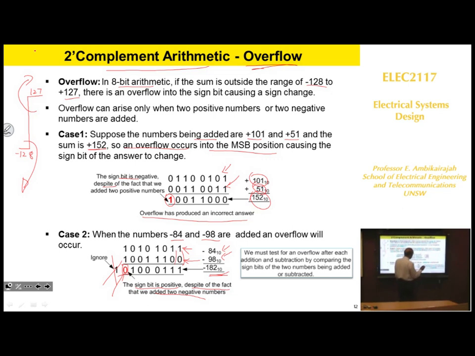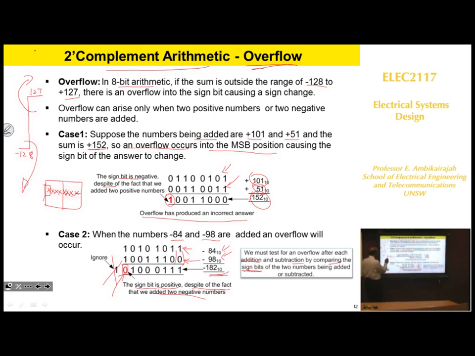So we must test for an overflow after each addition and subtraction by comparing the sign bits. Sign bits are the most significant bits. If you take an 8-bit number, that's 4 bits there, 1, 2, 3, 4, and the most significant bit is called the sign bit. It tells you what sign it is, plus or minus: 0 means a positive number, 1 means a negative number.